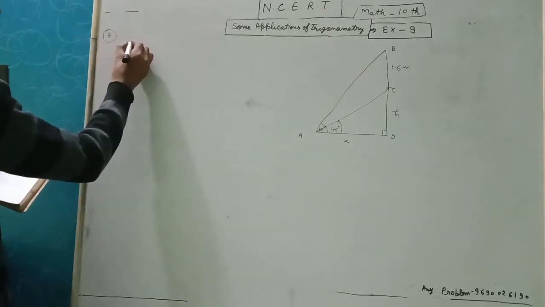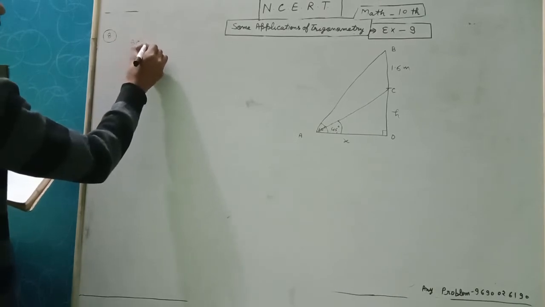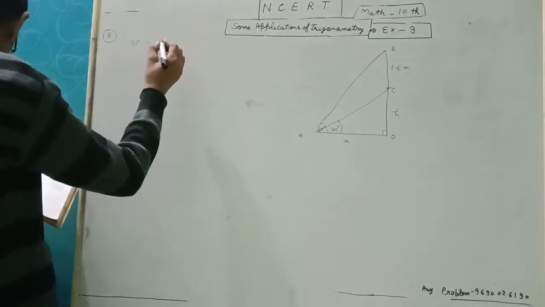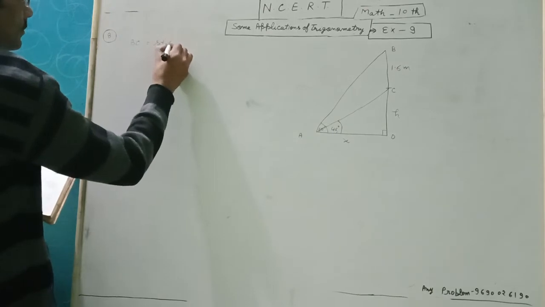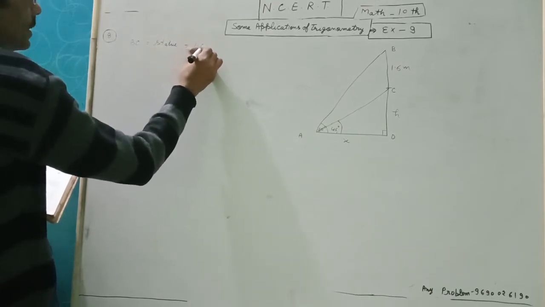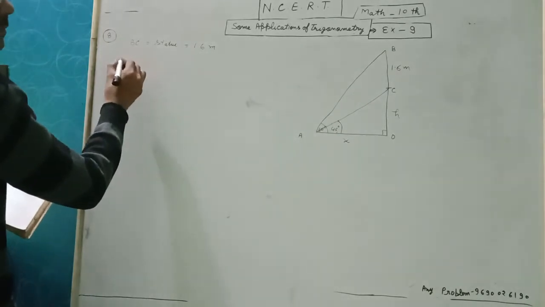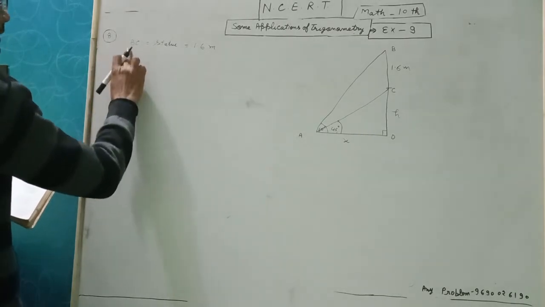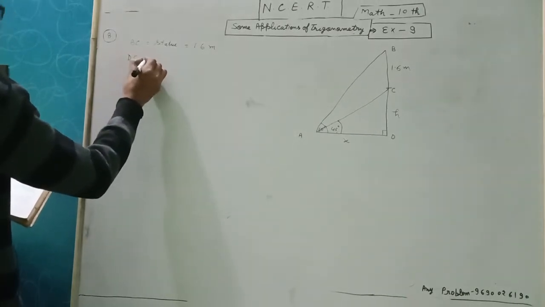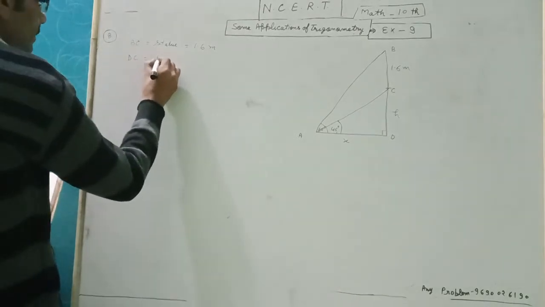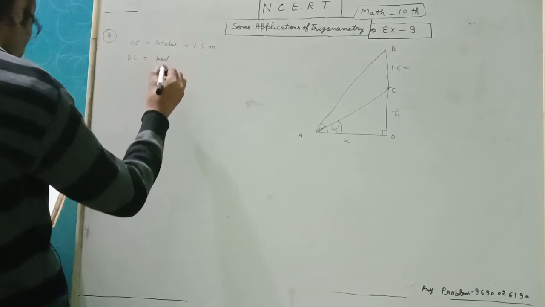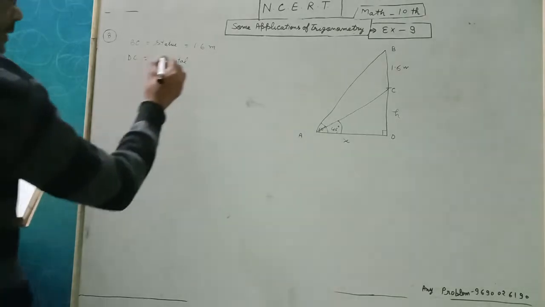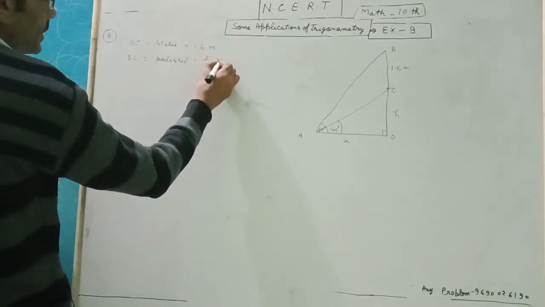Question number 8. BC is equal to the statue, equal to 1.6 meter. CD is equal to the pedestal, equal to H meter.